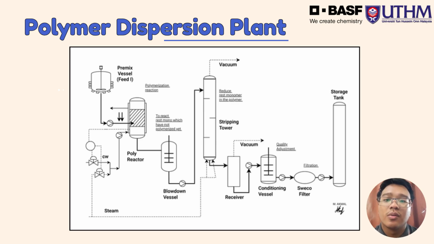Next, the blowdown vessel, then the stripping tower, then the receiver. After that, it goes to the conditioner vessel, and the second last is the Sweco filter for filtration. Lastly, the final product is stored in the storage tank with detention time.